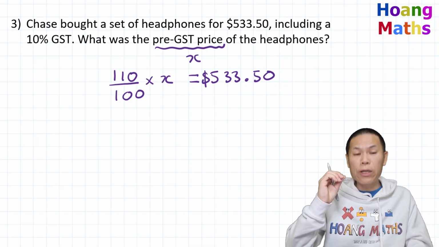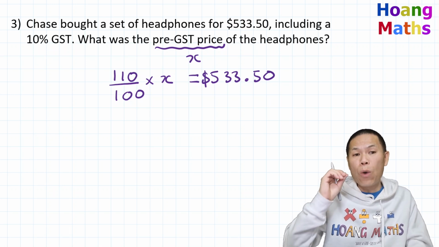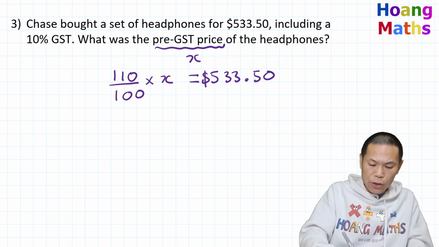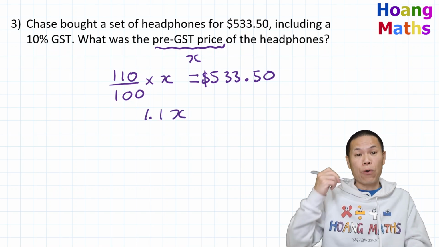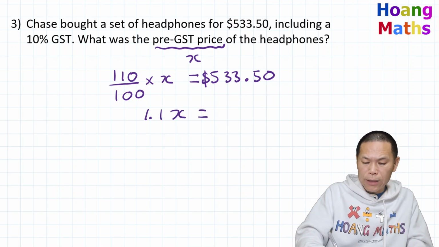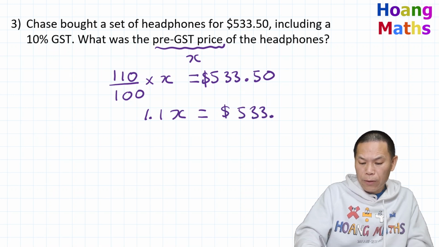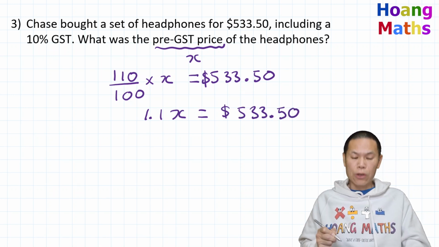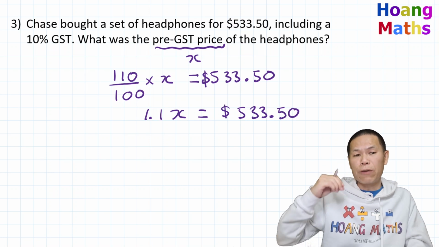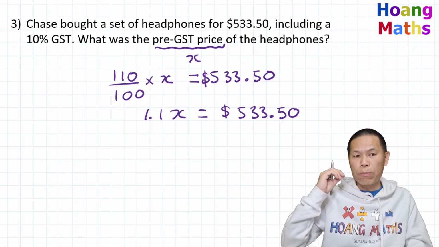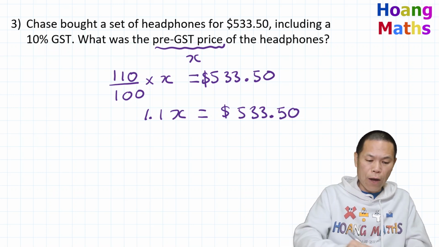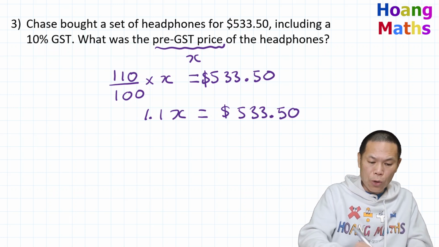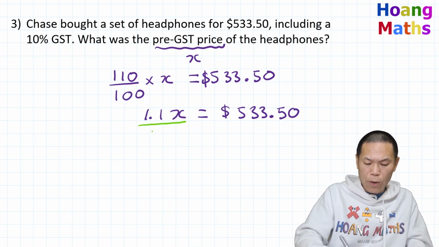So 110% means 1.1. You can just write 1.1 times the price before GST will give us $533.50. Now to work out X, the original price or the price before GST, I just divide by 1.1 on both sides because I need to get rid of this 1.1.